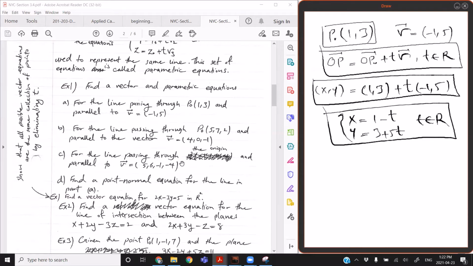In this case, I can tell from the point and the vector that this is R3. So the equation of the line is (x, y, z) equals OP0, (5, 7, 2), plus t times V. In this case, V is (4, 0, -1).